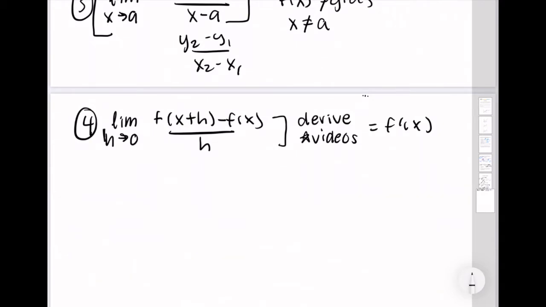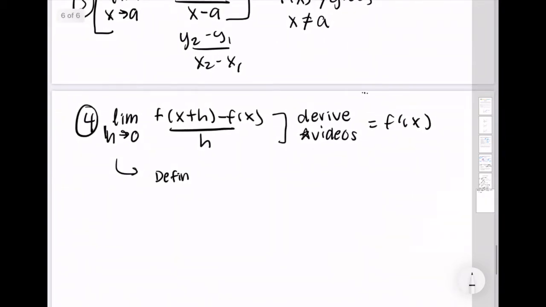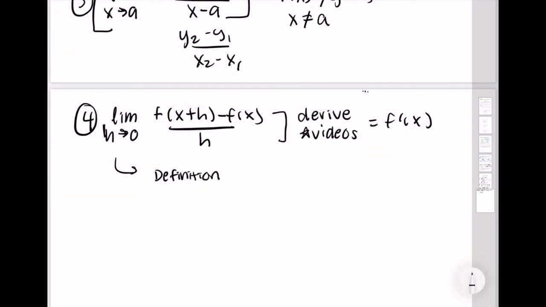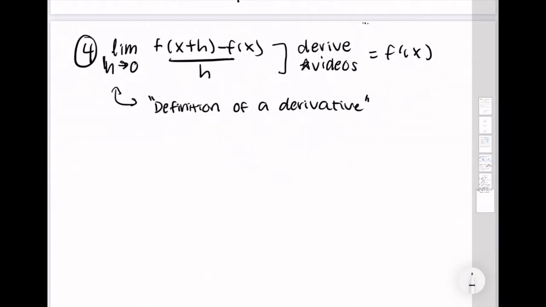One thing I want to mention, this is called the definition of a derivative. So a problem might literally ask you, use the definition of a derivative to solve this. So just remember that if you see this, it's referring to this equation. But let's do an example problem. Let's say that we have some f of x, and that function is 3 minus 14x.